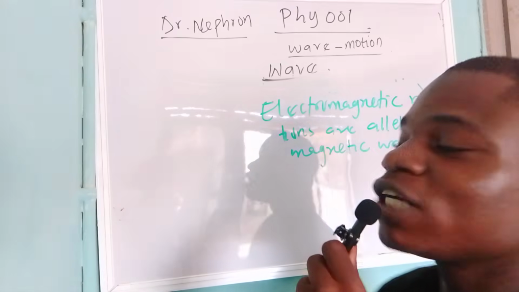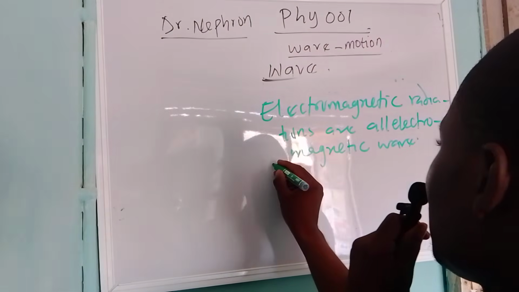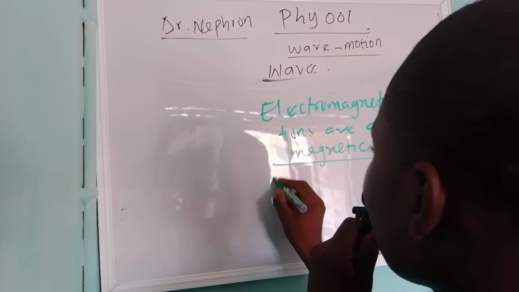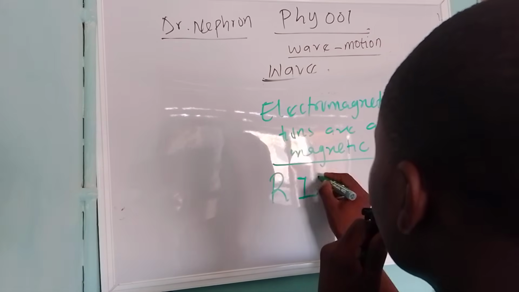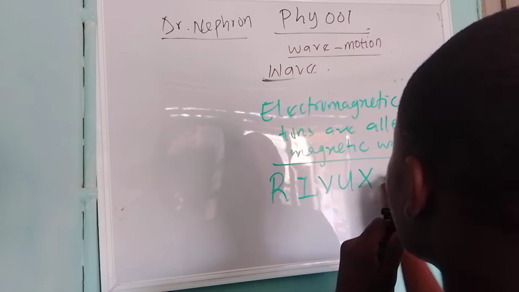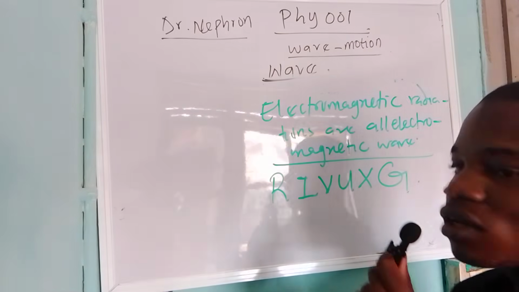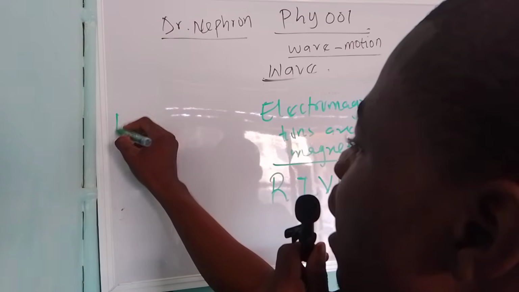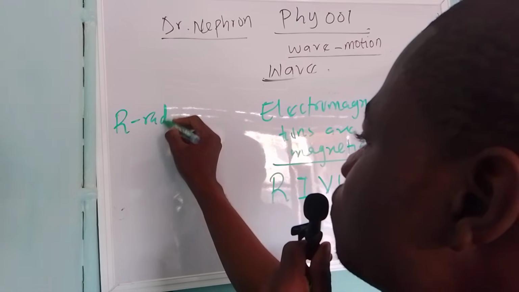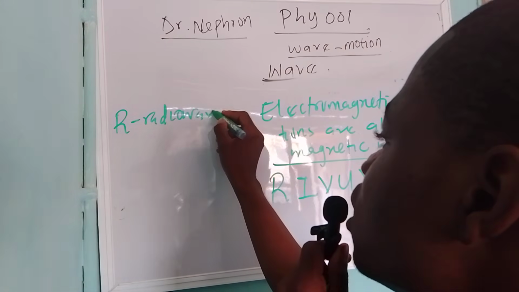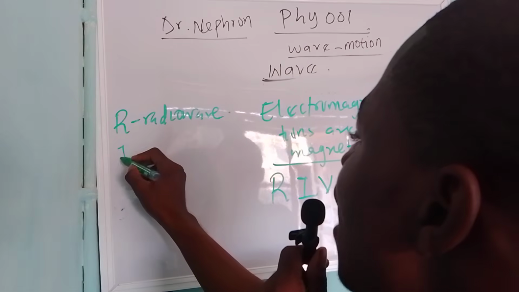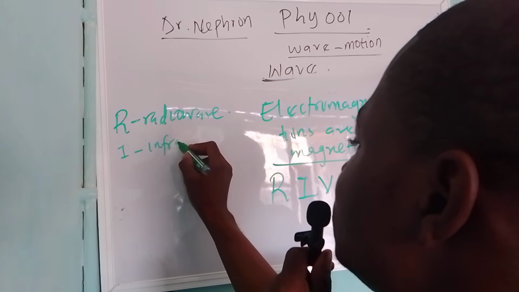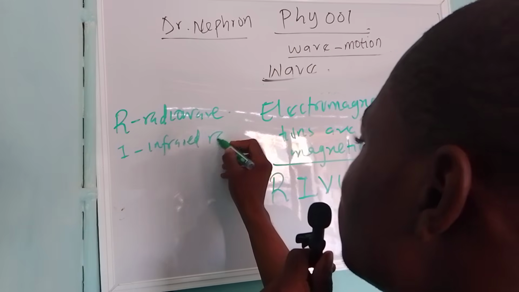And what are the electromagnetic radiations? I use a mnemonic for it: Reflux G. Let me write the full meaning. R is the radio wave. I is the infrared ray.